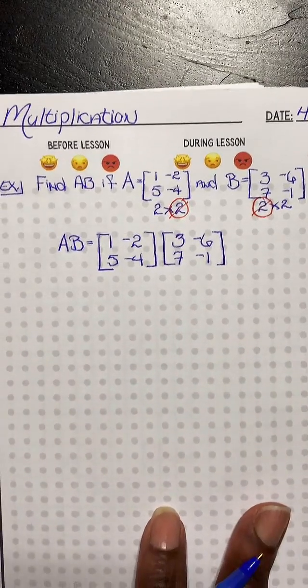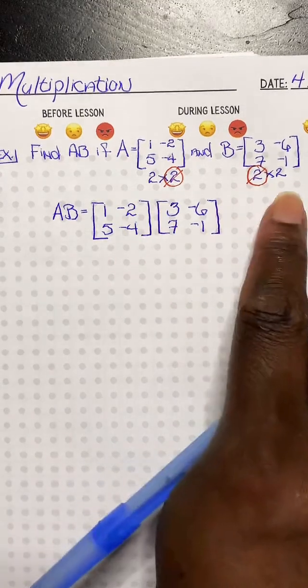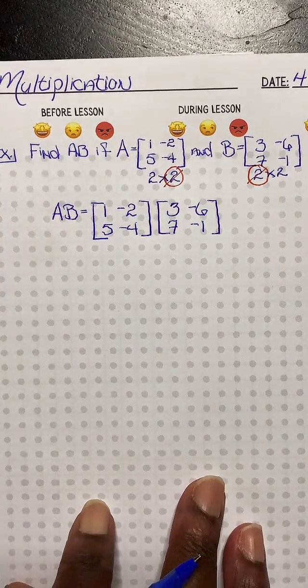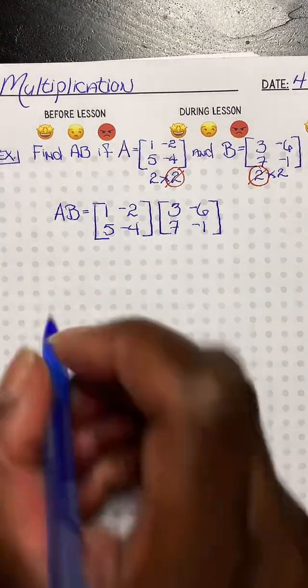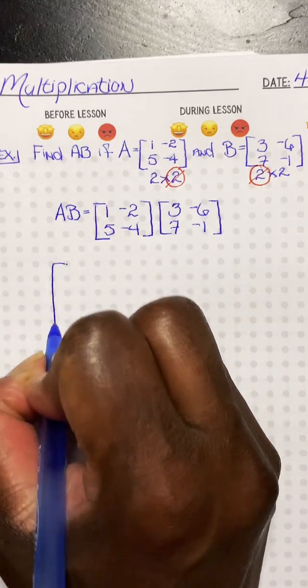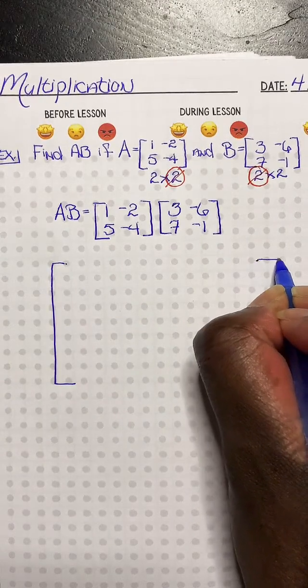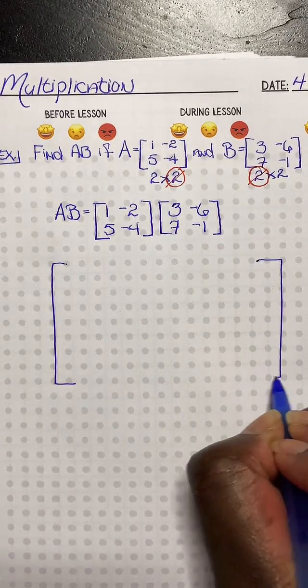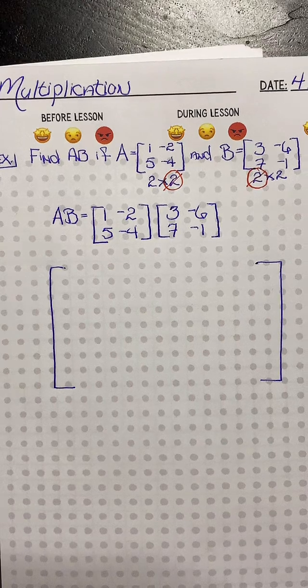Now, since I know I'm supposed to have a 2 by 2 matrix, I'm going to make this a lot larger. Okay, so I'm going to make this nice and large so we got plenty of room. Now, this is how you do it by hand.